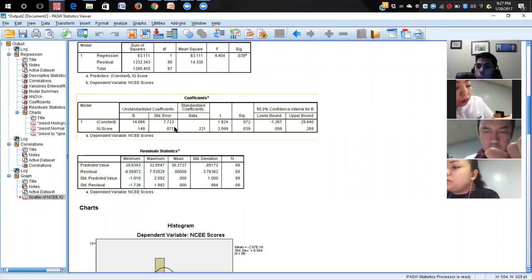So that's the beauty of regression analysis, of simple linear regression, because you cannot get this value with simple correlation.